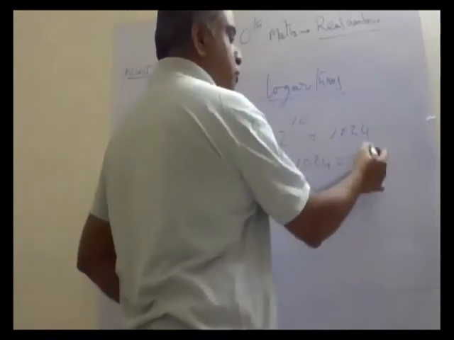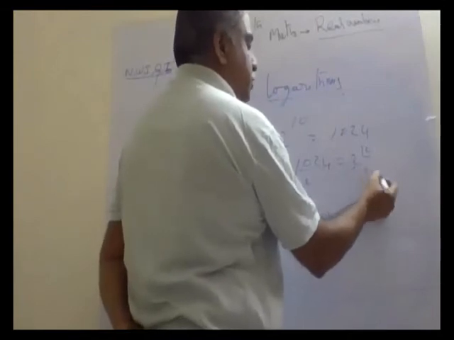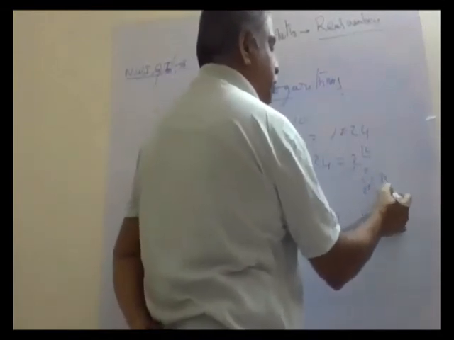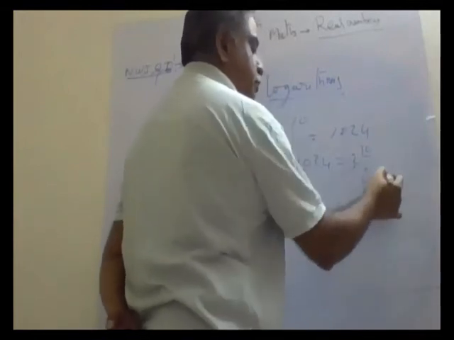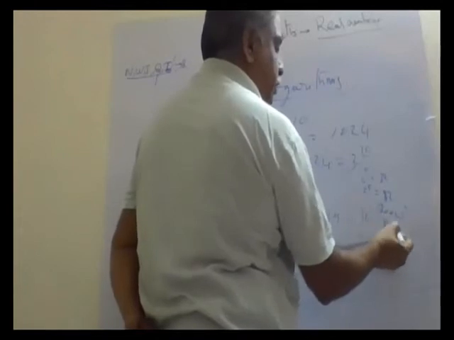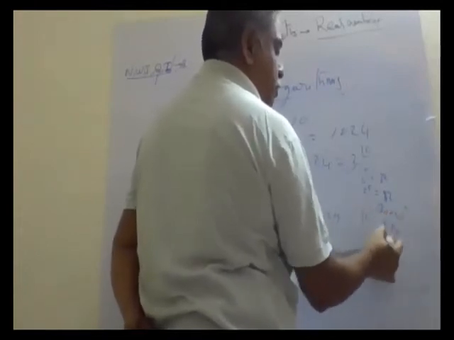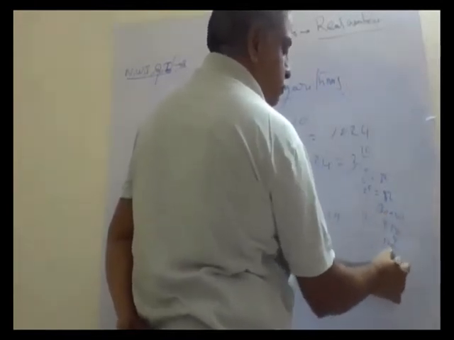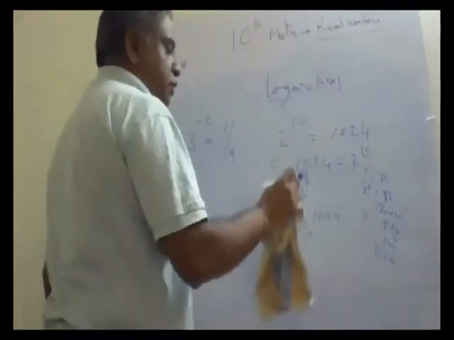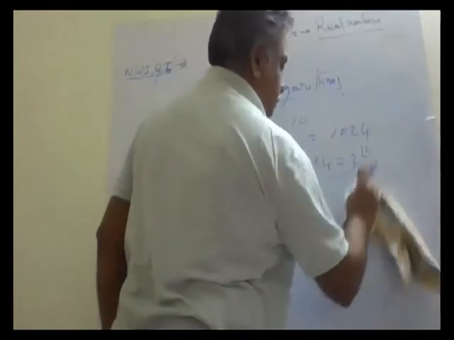How will we get 2 to the power of 10? 2 to the power of 5 is 32, another 2 to the power of 5 is 32. If I multiply 32 into 32, it's 30 plus 2 whole square. 900 plus 4 plus 120, that is 1024. Okay, this is the logarithm exponential form.